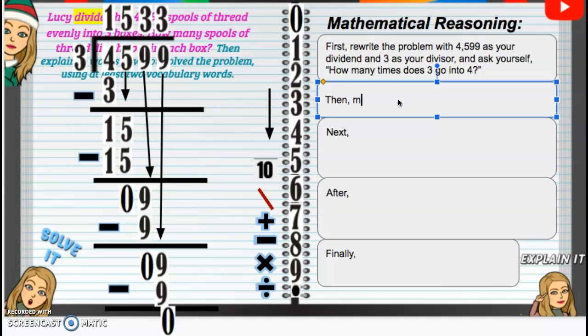Then we multiplied, so we knew that 3 went into 4 one time.